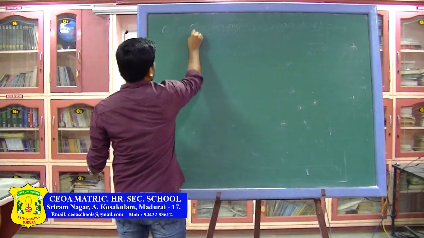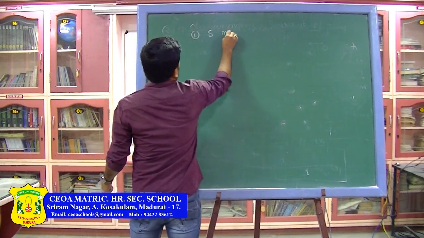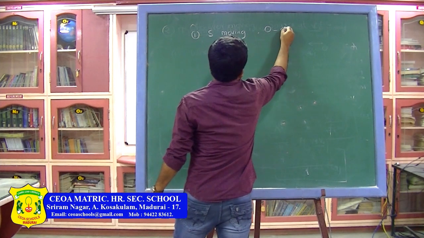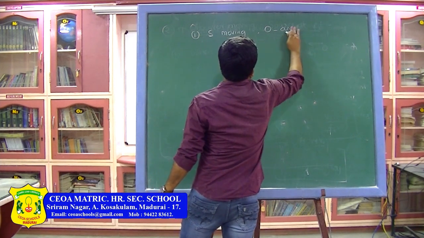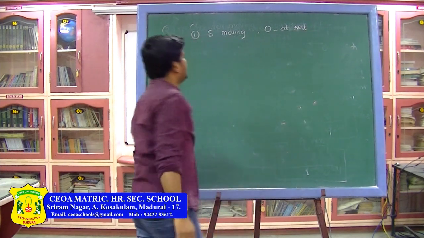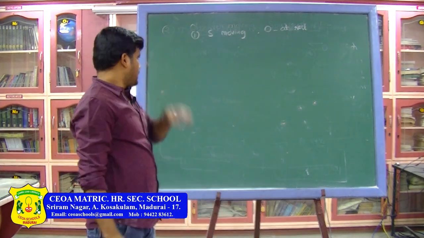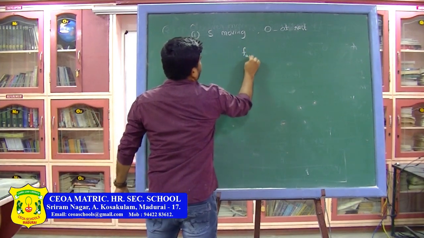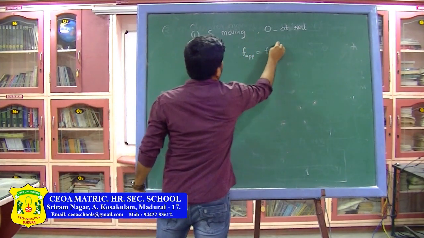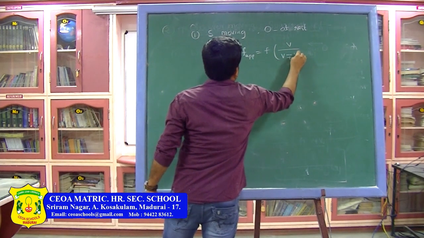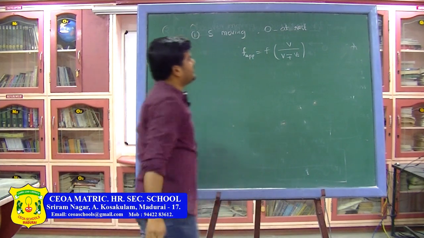So, first case, source moving, observer at rest. O means observer, S means source. So, when the source is moving and the observer is at rest, the apparent frequency is given by f into V divided by V minus or plus Vs. This is the frequency.